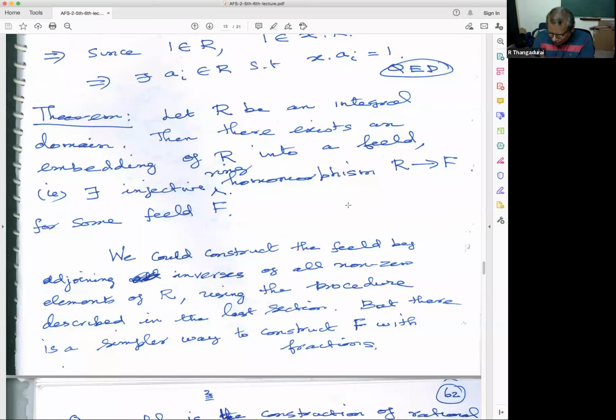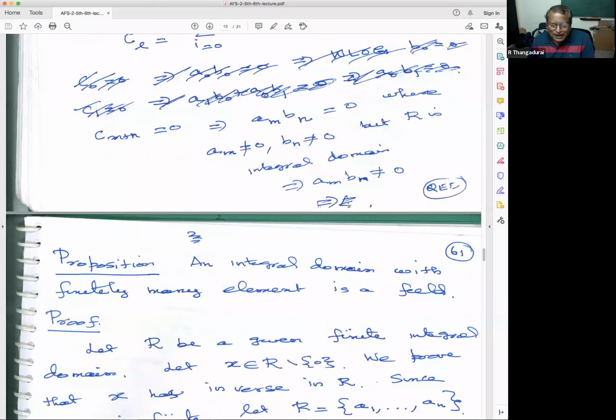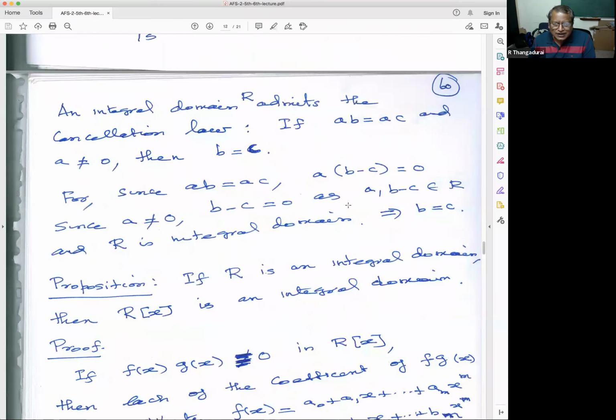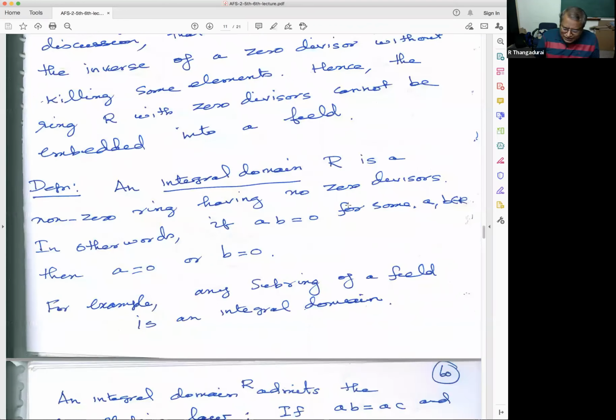Okay, so in this section, what is the main goal? We just saw that if you take an arbitrary ring, there may be two non-zero elements whose product is 0. If there is such an element, we cannot adjoin its inverse.